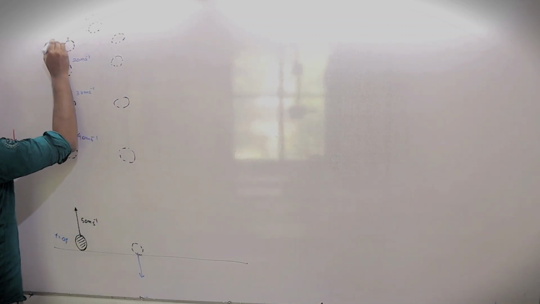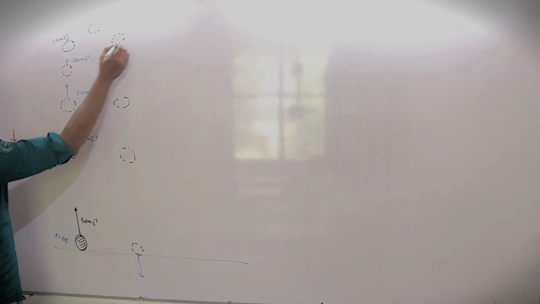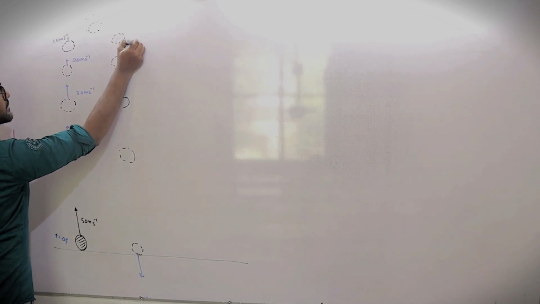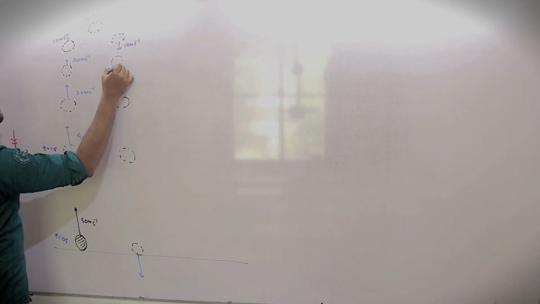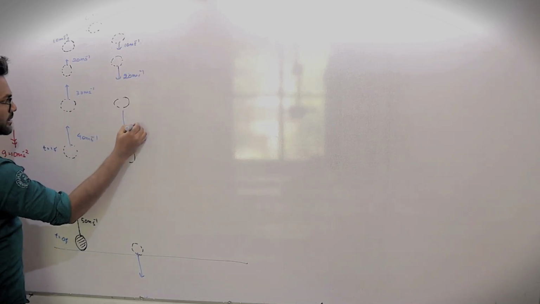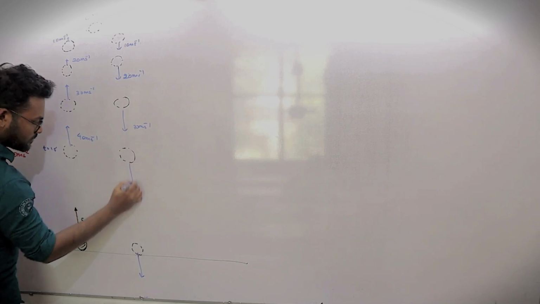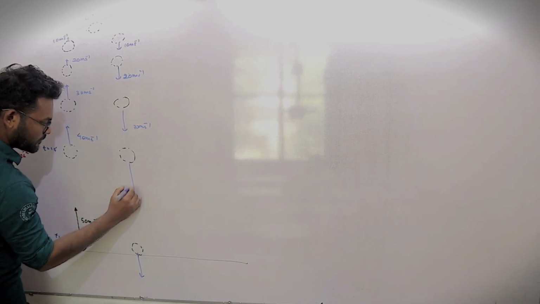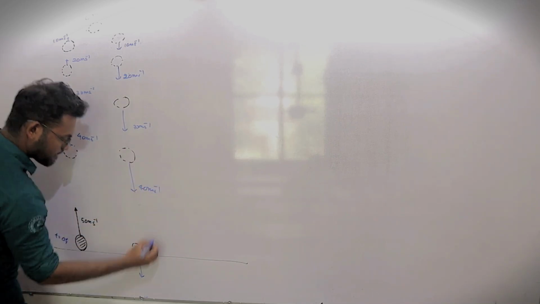So at this part we're going to have 0 meters per second. This again has 10 meters per second, 20 as it is falling back down, 30, 40, 50 then.